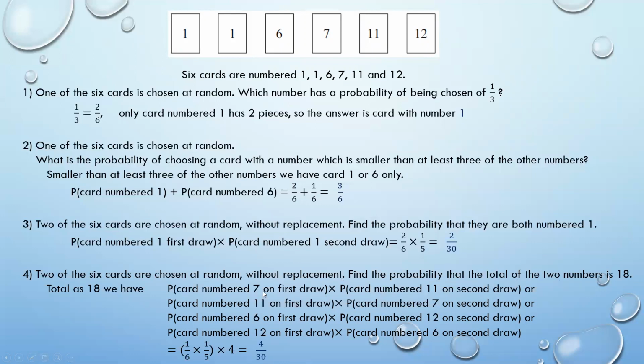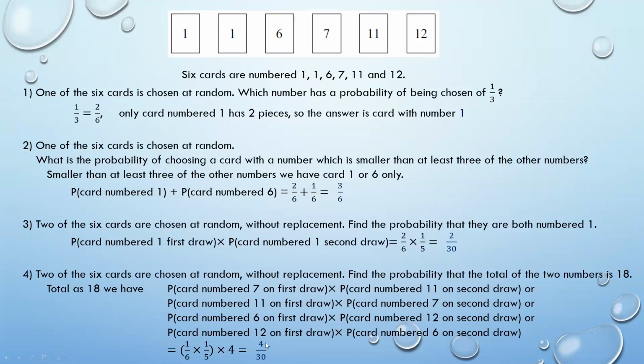Be careful in probability, the order of the first draw and the second draw is important. So it can be 7 plus 11, 11 plus 7, 6 plus 12, or 12 plus 6. So you have 4 different outcomes that we can get 18.